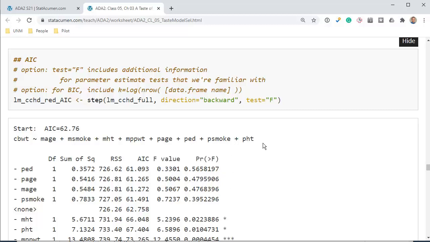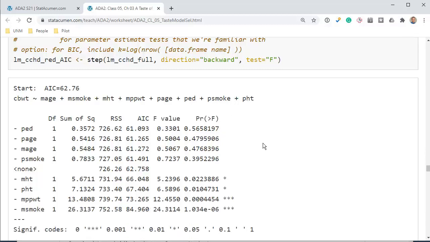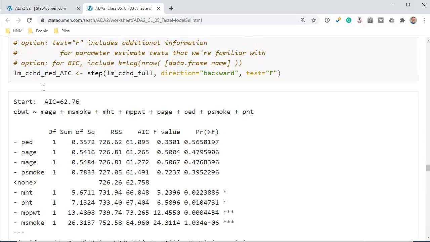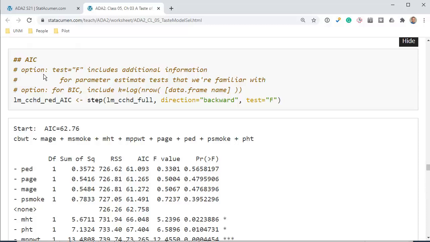For each part of output, our goal, the best fitting model for this information criterion, is to minimize the AIC. So the current AIC is 62, and we want to make it smaller.